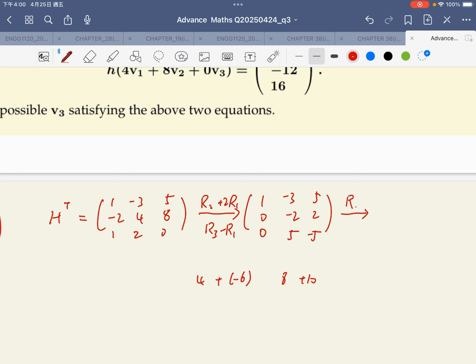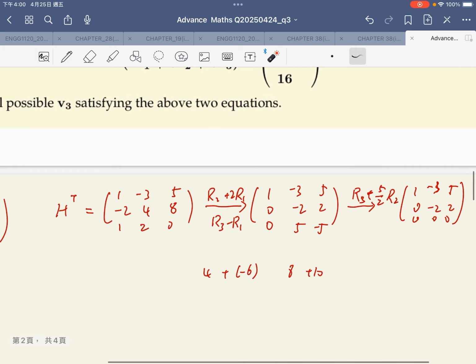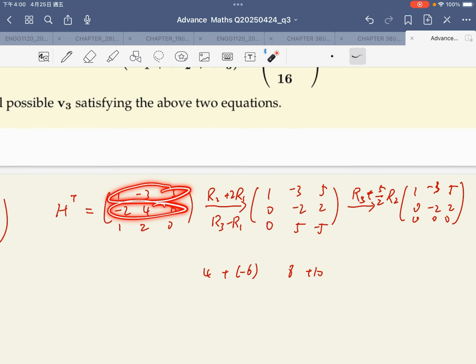Then row 3 plus 5 over 2 row 2. That means the base of the column space would be the first 2.